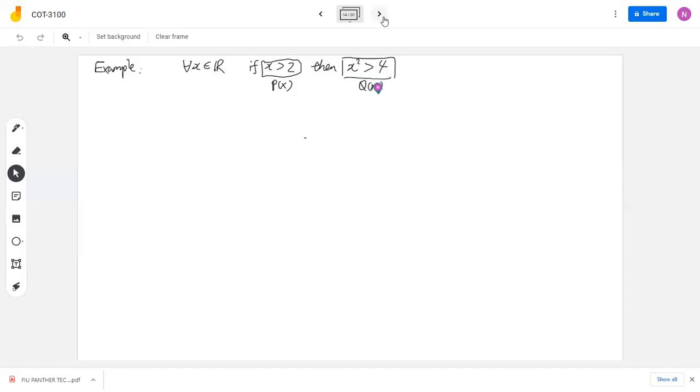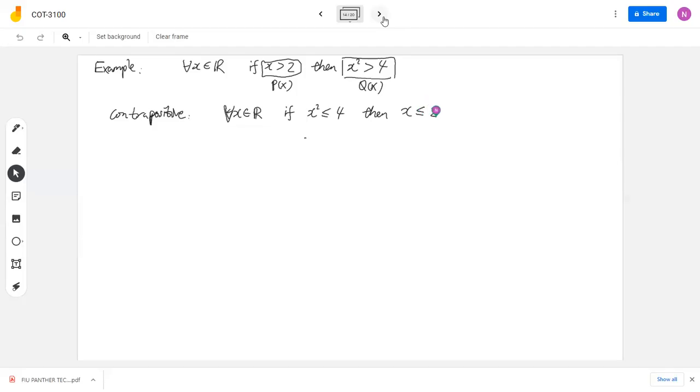So what is the contrapositive? The contrapositive is: for all x in R, if x squared is less than 4, then x is less than or equal to 2.